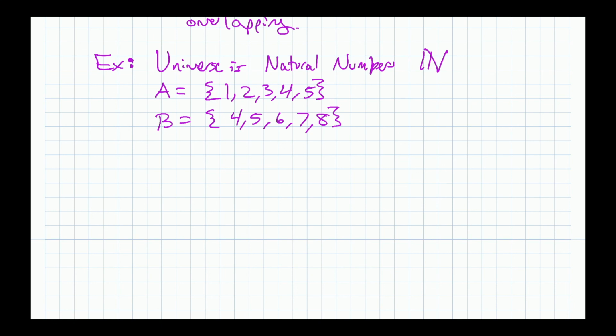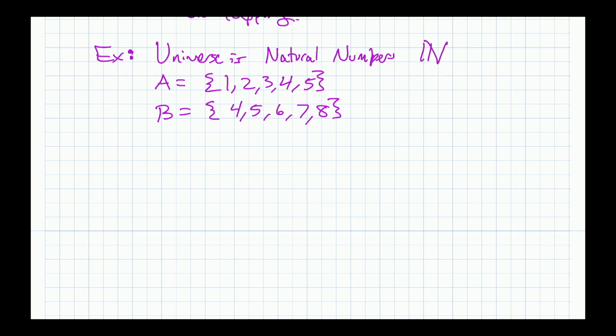I think you understand how to do this already, but here's the idea. The universe is a rectangle. A lot of times they will put a little U in the corner to indicate that that's the universe. So that's where all the natural numbers are.